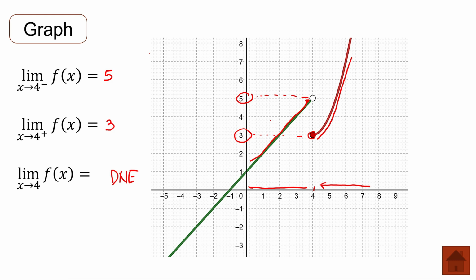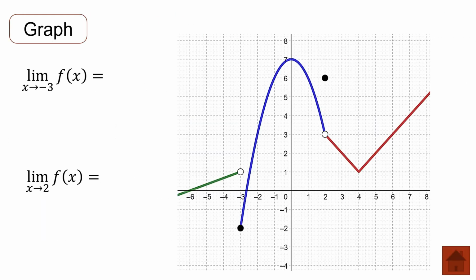All right, let me give you another example. Again, here we have a piecewise function, but let's check if there's a limit of f of x as x approaches negative 3. So again, you have to solve the left hand limit and the right hand limit. The left hand limit, this is our negative 3, is approaching this, that's 1.